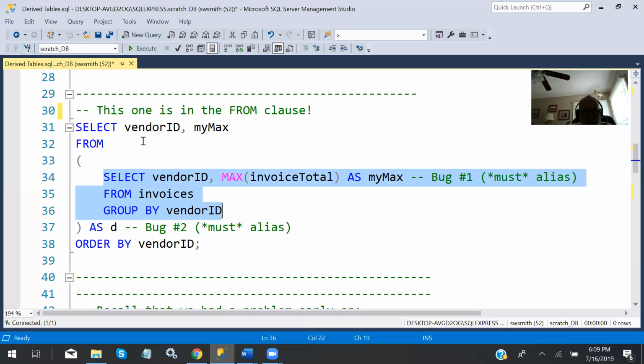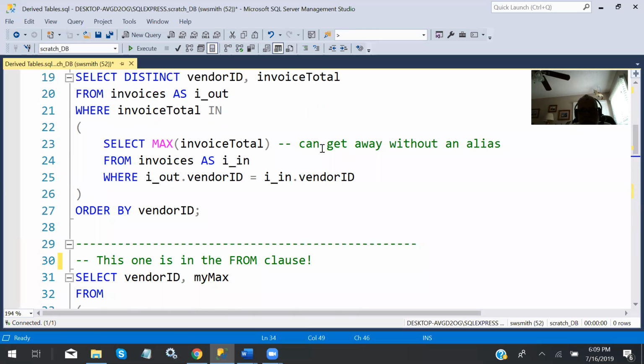This particular one says select from a table. Well, what is this? This is a table. Therefore, I can select from it. So select from this table, and this table says select vendor ID, max invoice total. Bug number 1: on this one, you must alias the aggregate fields in derived queries.